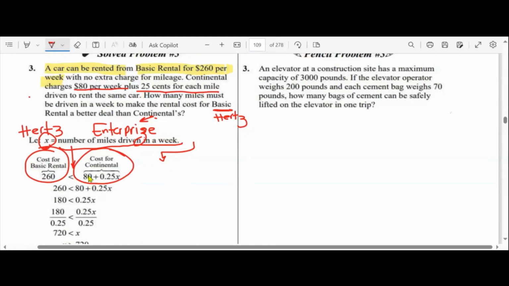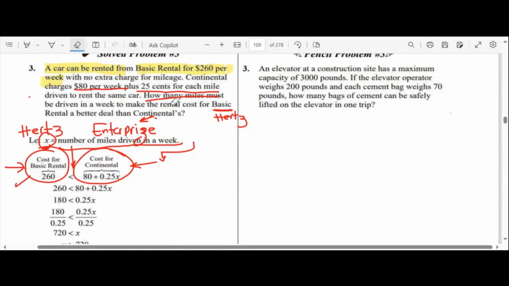So which one is better, this one or this one? The second one. Why the second one? Because this one is open, but this one is not open. So he's asking you how many miles must be driven in a week to make the rental cost for Basic better than Continental.